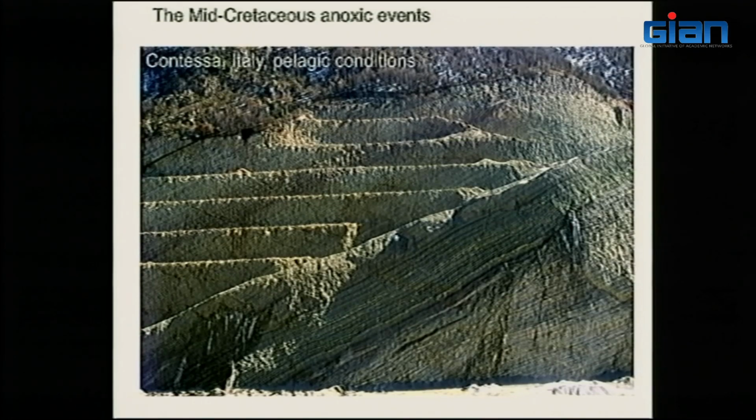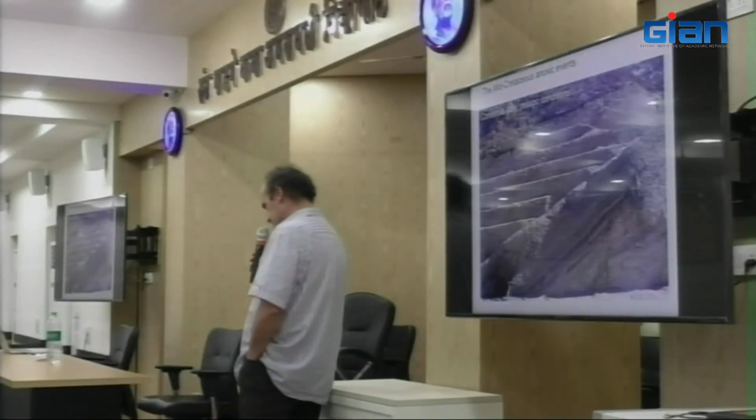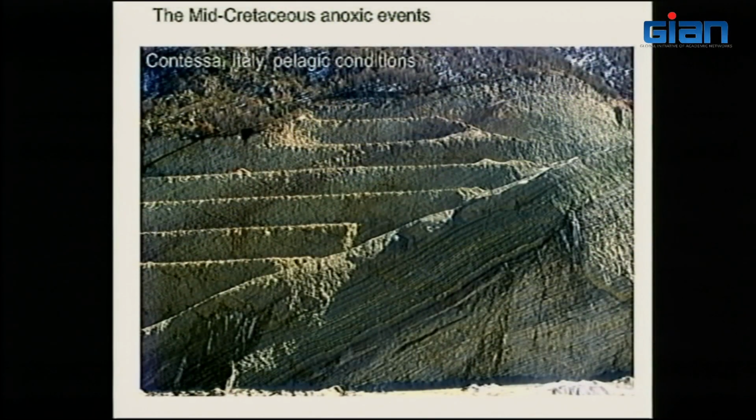You can see here a thin yellow-white layer, pure carbonate. These are pelagic carbonates, which means that they have been deposited in a deeper setting, let's say 500 up to 1,000 meters deep.